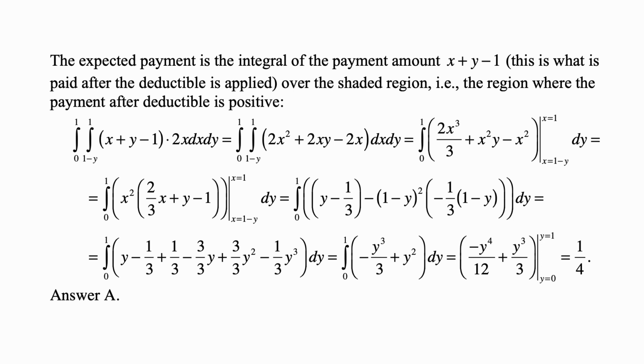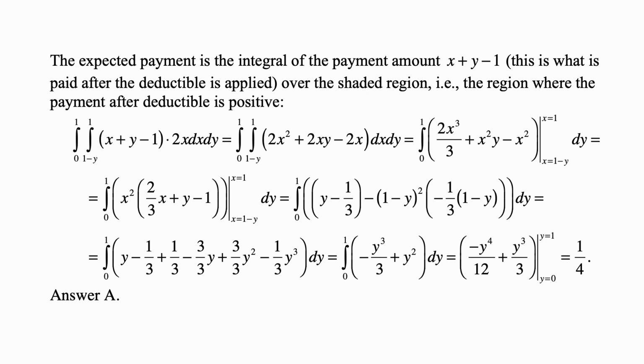So we let y run from 0 to 1, and then x from 1 minus y to 1, because x has to be greater than 1 minus y, but less than 1, to be in the region where the density is positive and the payment is made. And the amount of payment is x plus y minus 1. The density is 2x.